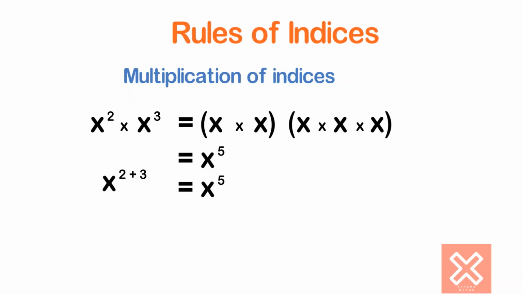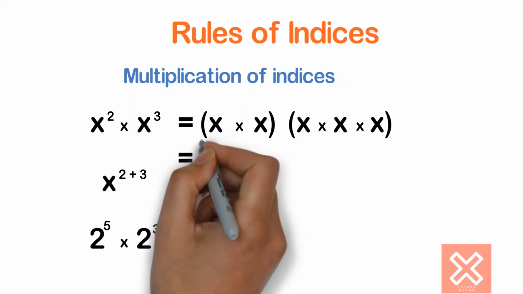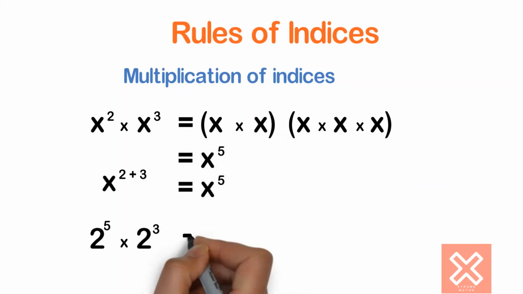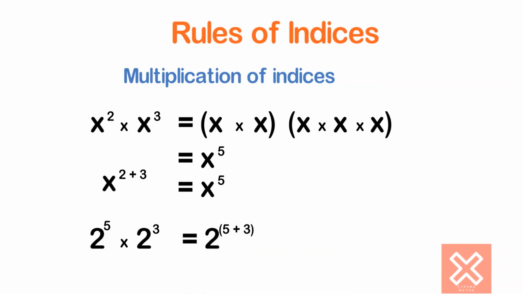I will do another example. 2 to the power 5 into 2 to the power 3. Then we can use this rule. 2 is repeated 5 times, 2 is repeated 3 times. Instead of writing like this, we can write 2 to the power 5 plus 3, same bases, so we can add the indices. Answer 2 to the power 8.